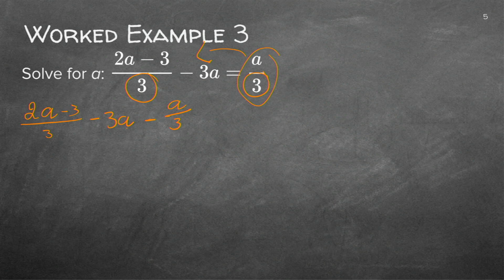So if you remove that value there, you are left with nothing, because a over 3 jumped to the other side.